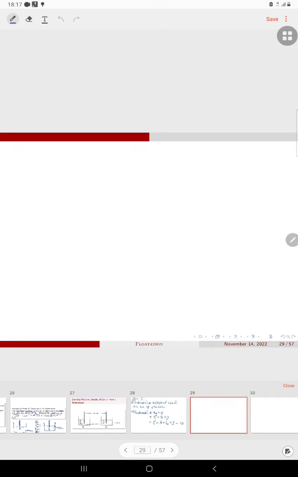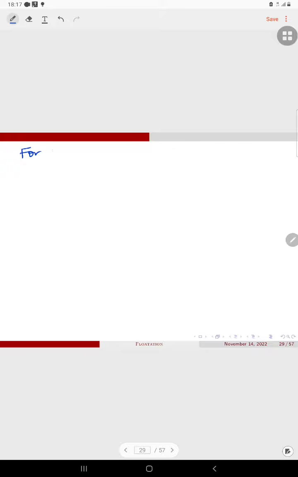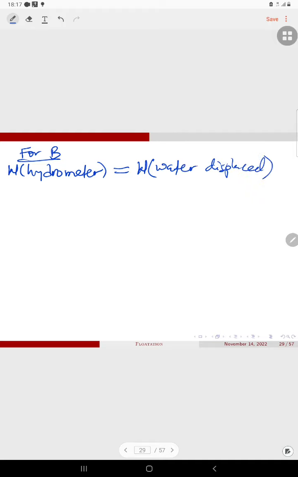Let's use the same analysis for B. For B, we can also say that the weight of the hydrometer, because it is floating, is equal to the weight of water displaced. B contains water. This is the same as the mass of water displaced times g, which is the density of water times the volume of the displaced water times g.